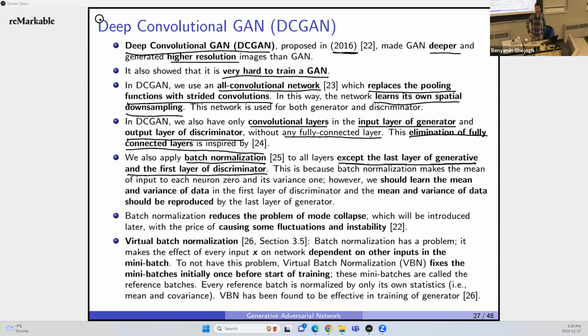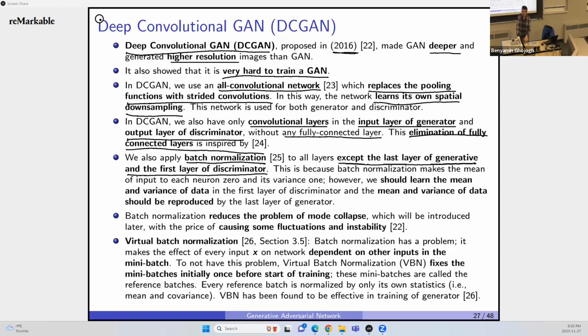Why? What does batch normalization do? Do you remember? It normalizes, mean zero, unit variance. Yes. So it standardizes the batch. So the mean becomes 0, the standard deviation becomes 1.